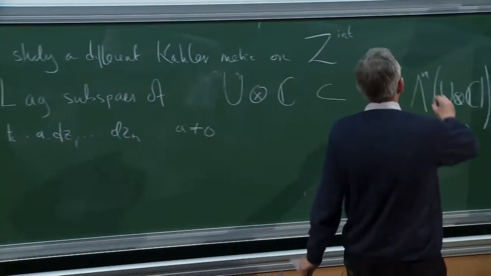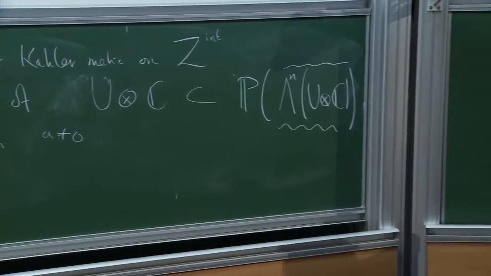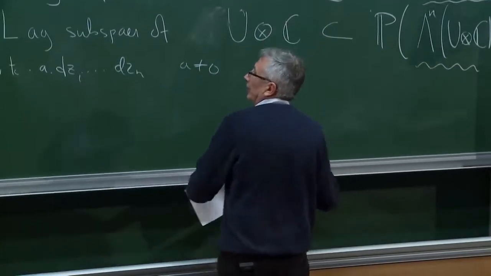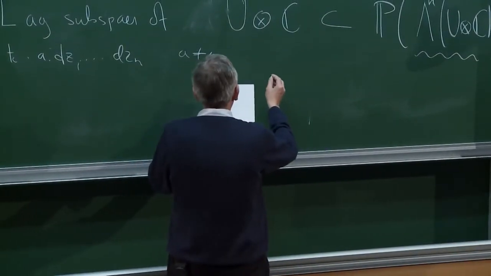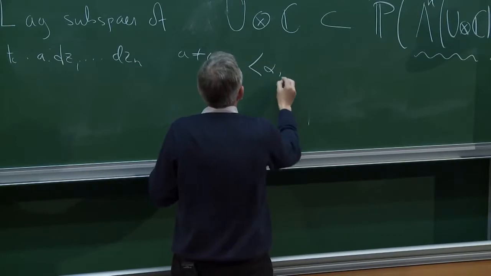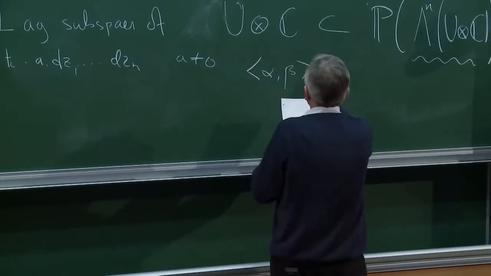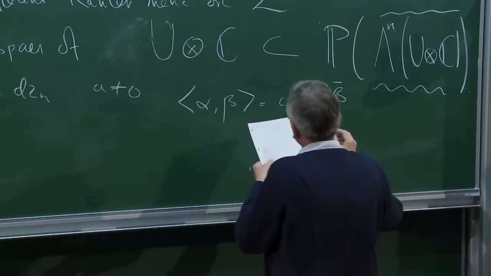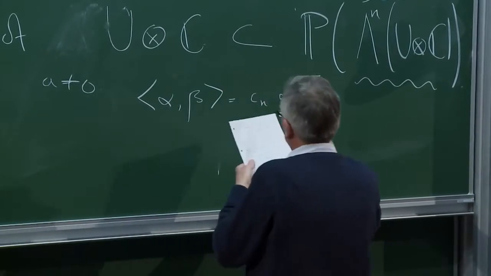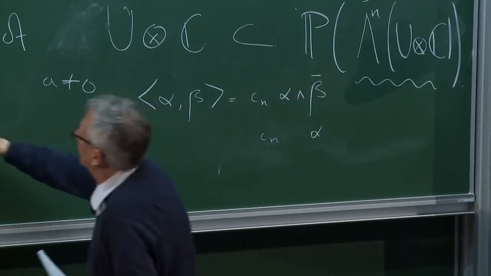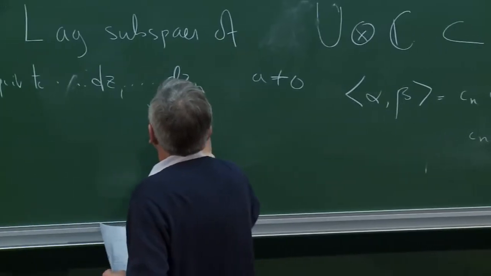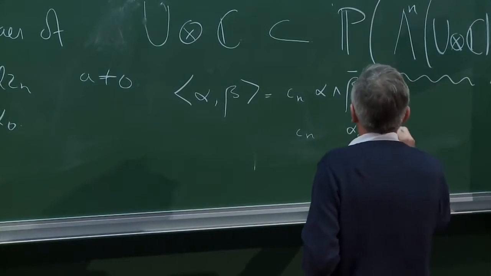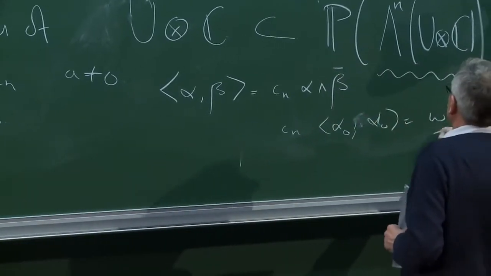So on this middle exterior power, we have a natural Hermitian form, with some normalization that comes in depending upon the dimension. So let's define the bracket of alpha and beta to be Cn alpha wedge beta bar, where Cn is chosen such that if I take alpha, let's call this alpha naught, then alpha naught is equal to the standard volume form.